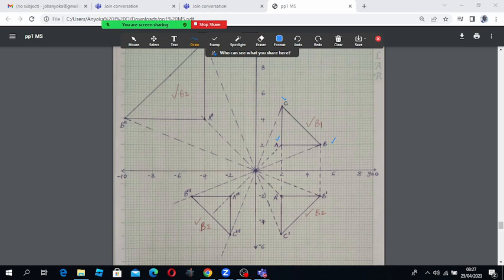We are told somebody to read the next question. Reflect triangle ABC in the line y equals 0 and state the coordinates of A line, B line, and C line. You read clearly and see that you are told to reflect through the line y equals 0.